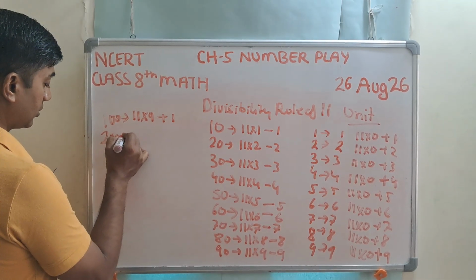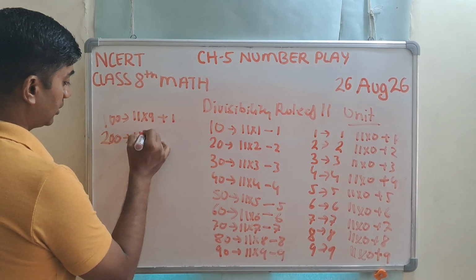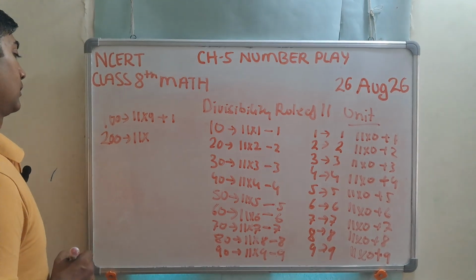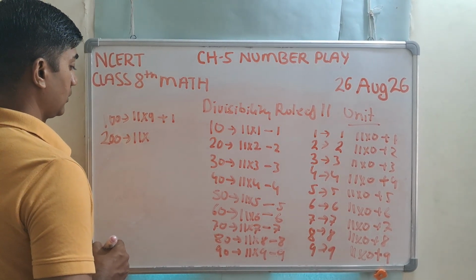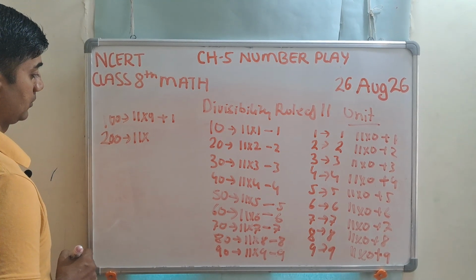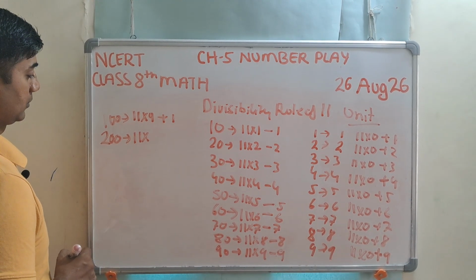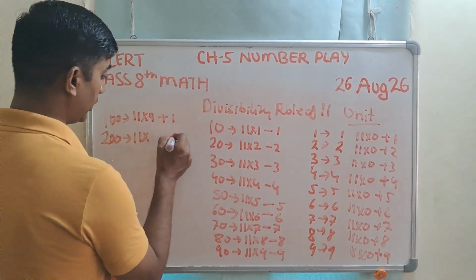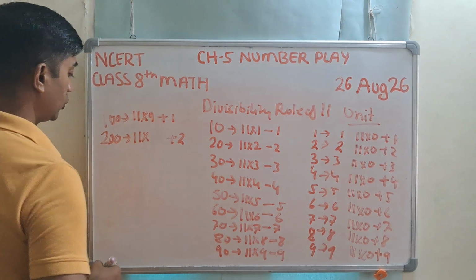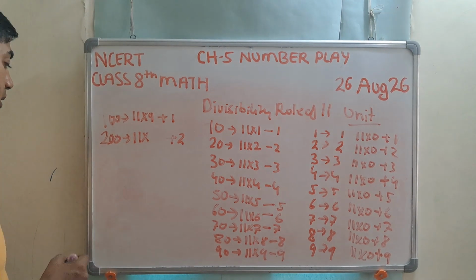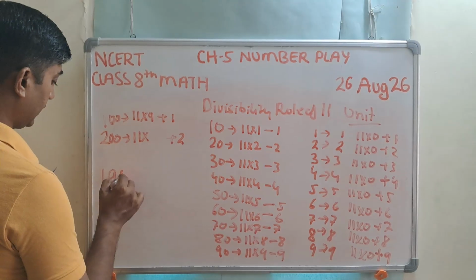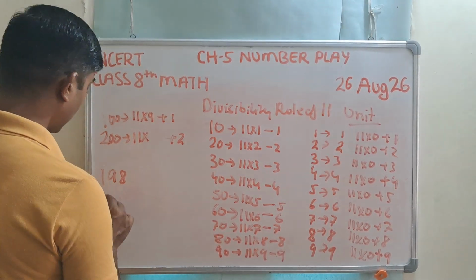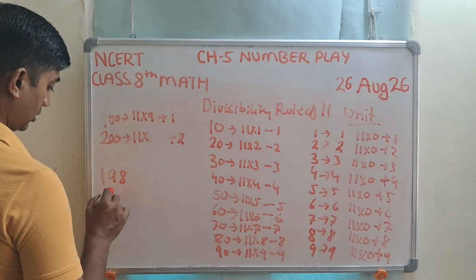For 200, you will get 2 to obtain 200. And what is the number? We have 198. So which number do we have to divide this number by? 1 8.